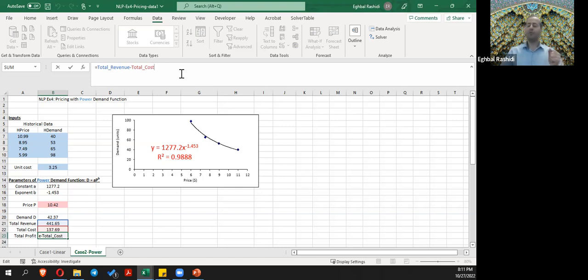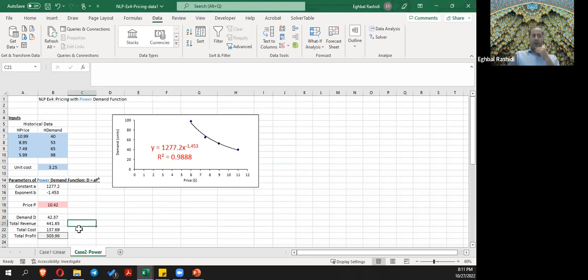Okay, so the total profit is a concave function of price and demand. So we can rely on that theorem that the solution that we found is not a local optimum, it's actually the global optimum, because it's concave. As you can see, it's concave.